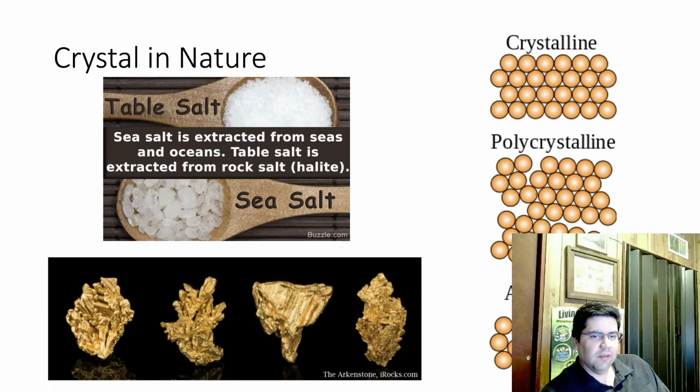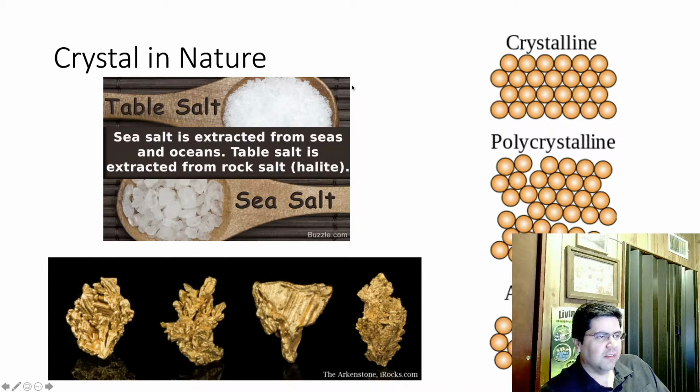In nature there are many conditions that you have to control, like the temperature, the pressure, the concentration, etc. Only in lab conditions can you try to make perfect crystals, but even in laboratories it's a little bit hard to control all the variables around. So you have the crystalline, the polycrystalline, and amorphous.